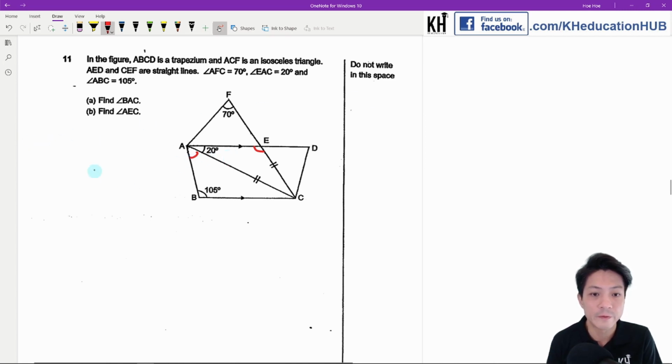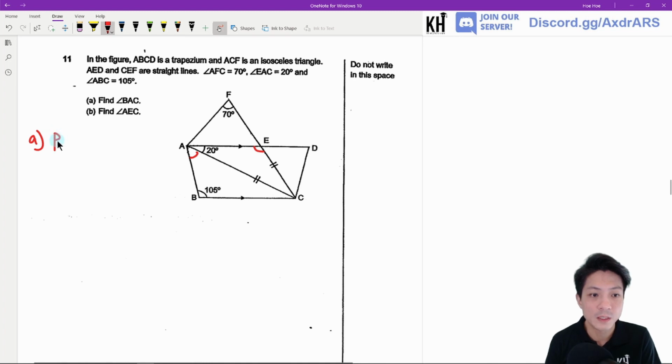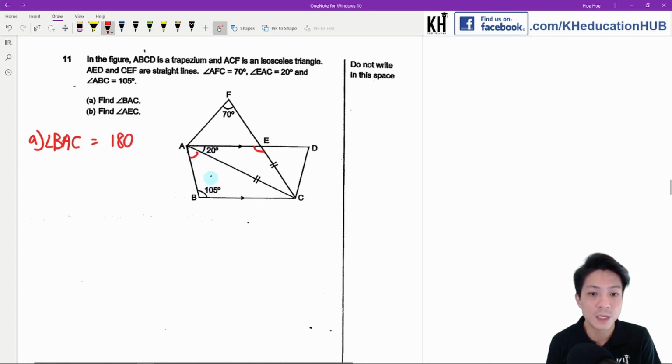Okay, so we can find part A first. To find BAC, I'm gonna use 180 minus 105 minus 20.